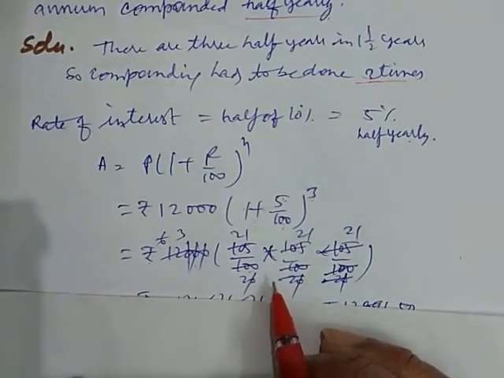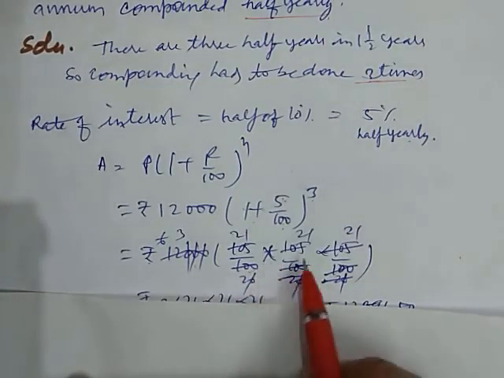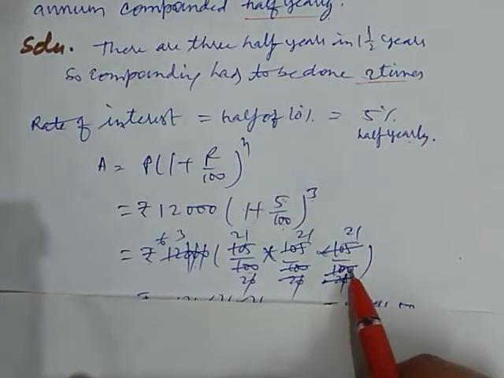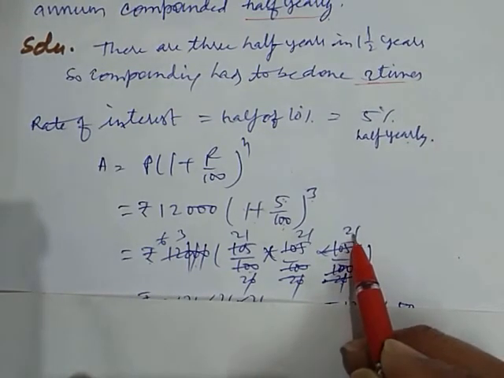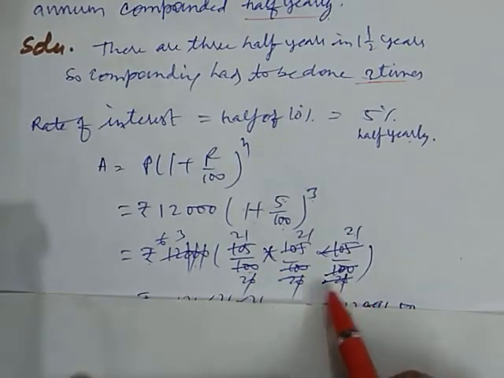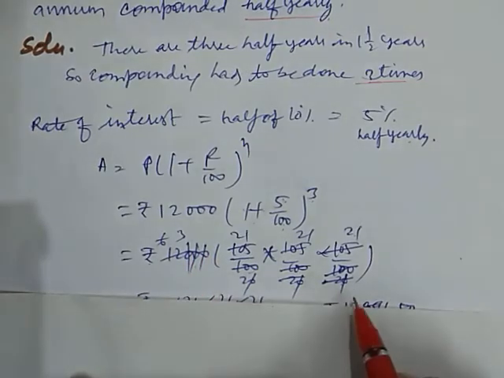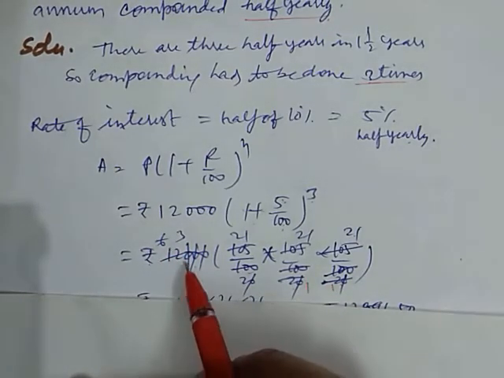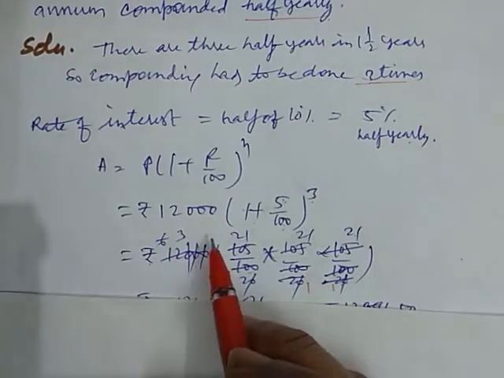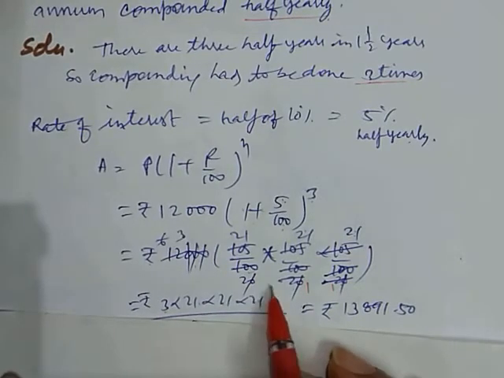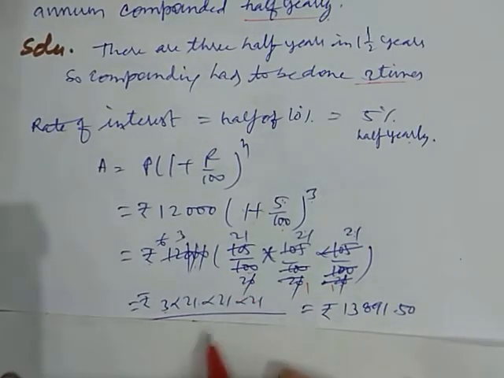Now we simplify this by dividing each term by 5. 100 divided by 5 is 20, and 105 divided by 5 is 21. So 21 by 20, 21 by 20, 21 by 20. Now the zeros cancel. Then dividing, in the numerator we get 3 into 21 into 21 into 21, and in the denominator there is 2 only.